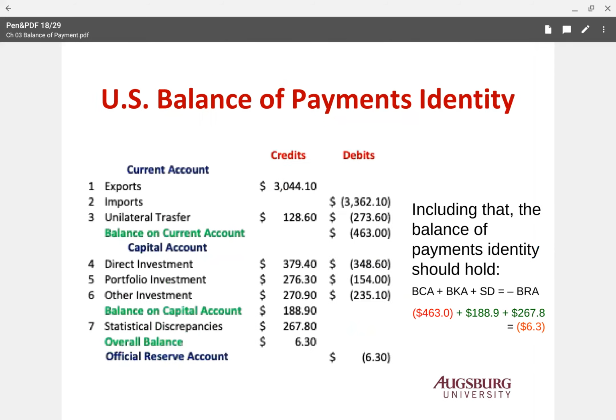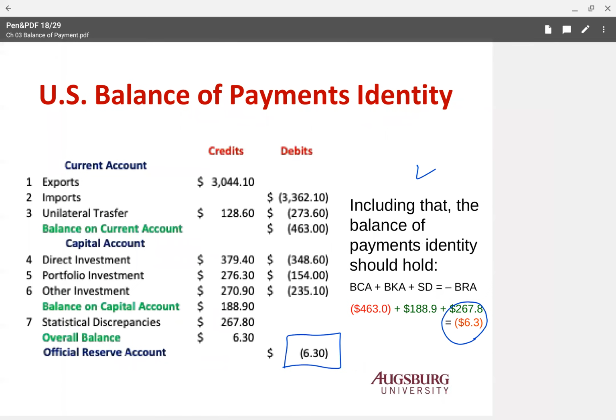Including these, now you see the BCA, BKA, and SD should be the negative of the BRA, the reserve account, and the reserve account should be 6.3 billion. And this balance of payment identity should hold like this. So that's the real world example, the 2015 US balance of payment identity.